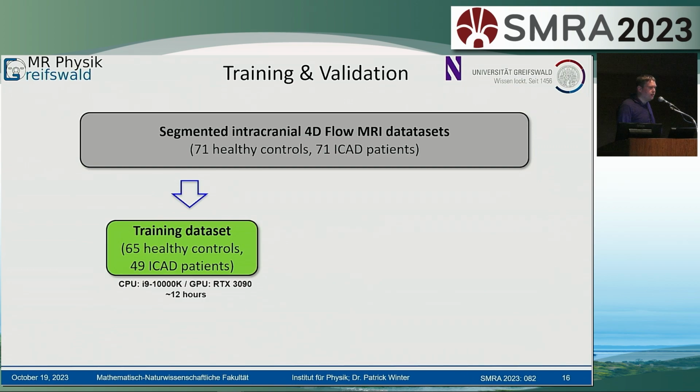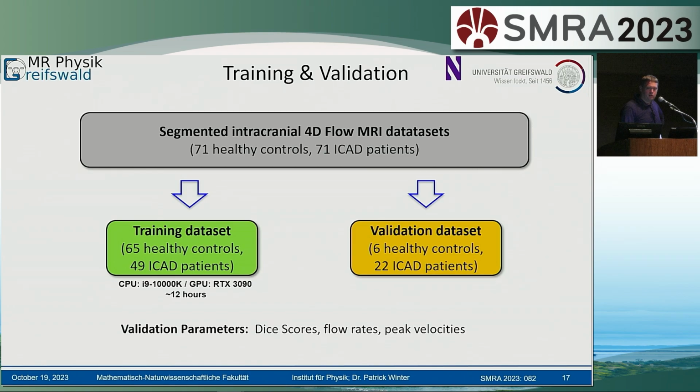We used a subset of 65 healthy controls and 49 ICAT patients for training, and the training was done on an i9 CPU with a RTX 3090 GPU, and the training took approximately 12 hours. The other 28 cases were used for validation, and we used dice scores, flow rates, and peak velocities as validation parameters.